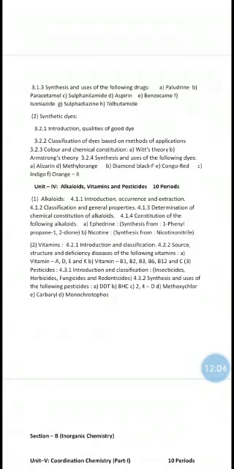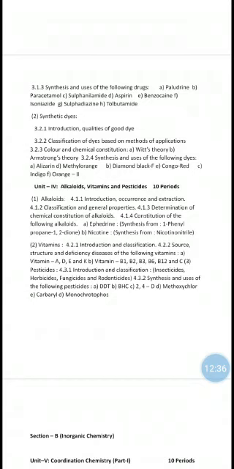So after vitamins, we are going to study pesticides. We use various pesticides everyday for various purposes. The pesticides used are classified depending upon the purpose.